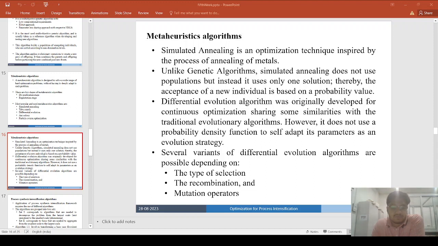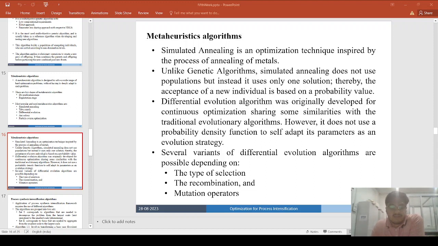It does not use binary encoding as a simple genetic algorithm, and it does not use a probability density function to self-adapt its parameters as an evolution strategy. So there are two things to consider in the differential evolution algorithm: it does not use a probability density function to self-adapt, and it does not use a binary encoding as a simple genetic algorithm.